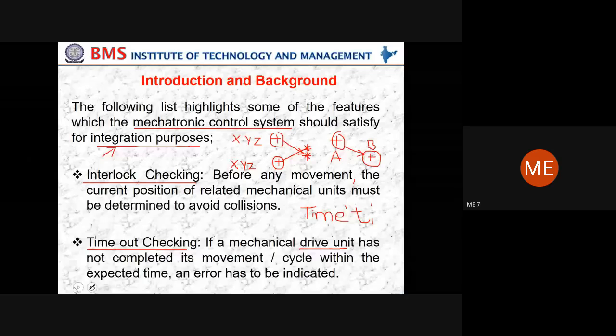Therefore, for this timeout, some error has to be thrown to you, or some error has to be displayed, which says that it has taken an extra amount of time than intended. That is called your timeout checking. In the first one, the interlock checking, you are making sure that there should not be any collision of the object when you move it from one point to another point.